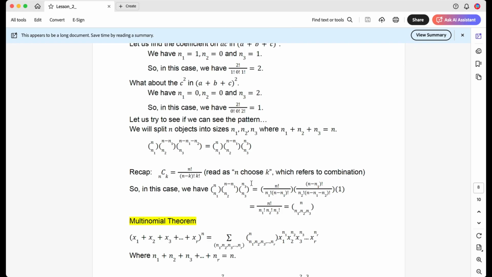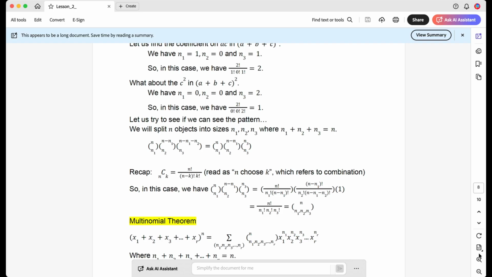And then again, n3 choose n3. Those numbers are the same. There's only one way to do that. And then we get some cancellation here. The n minus n1 factorial cancels out. And so we're left with an n factorial upstairs, n1 factorial, n2 factorial, and this expression here is n3 factorial. And so it becomes the formula for permutations with duplicates.